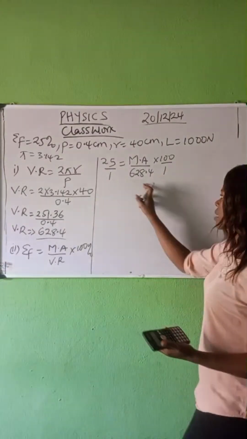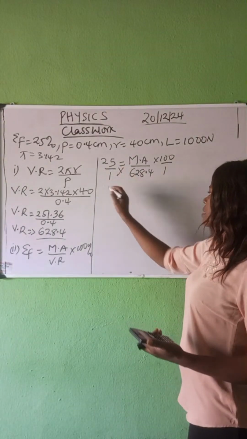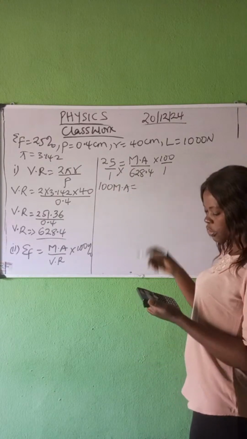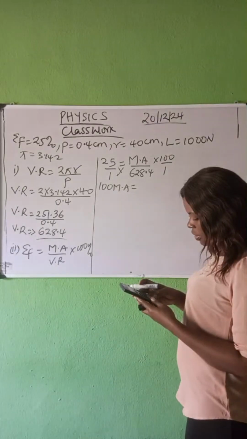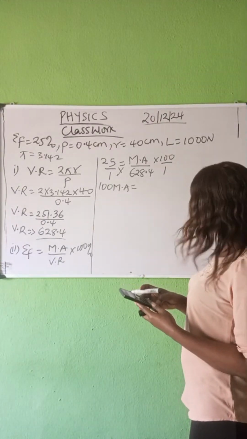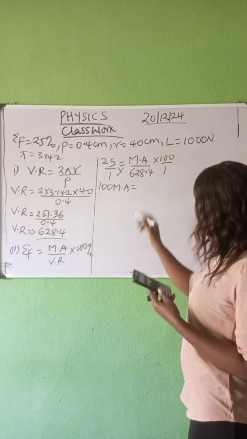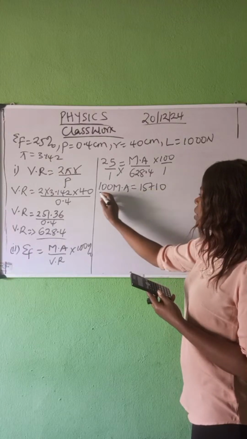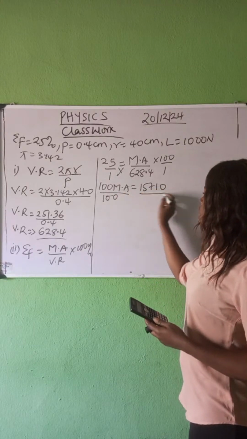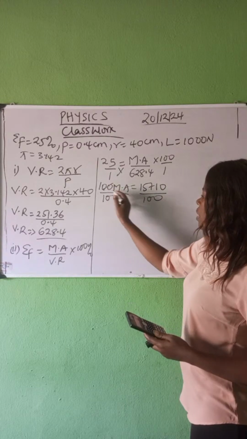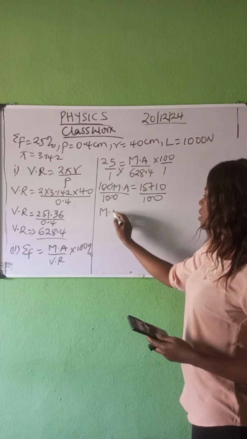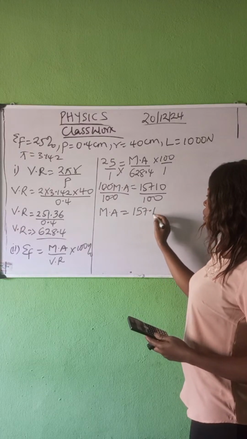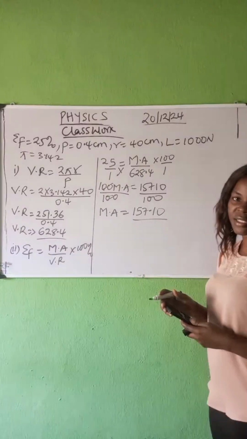Is that clear? So I can cross multiply by saying 100 MA is equal to 25 multiplied by 628.4. So I have 15710. I divide both sides by 100. 100 cancels 100 on the MA side, and the answer becomes 157.10. Remember, it has no SI units.